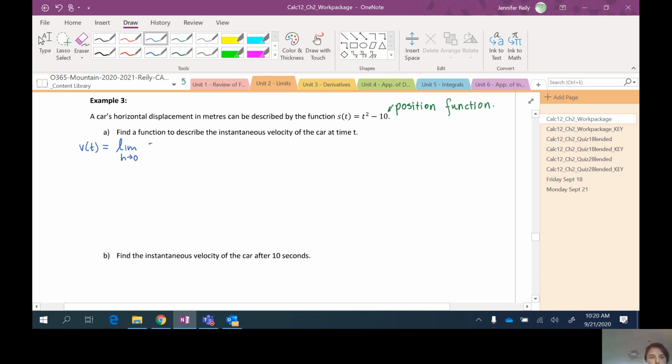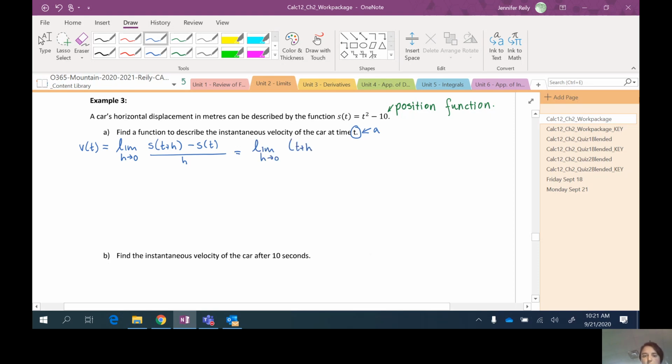And our function's not labeled f here, so I'll use s. s of t plus h minus s of t all over h. So in this case, I replaced the a's with t's, since this question specifically asks us to look at time t, not a.